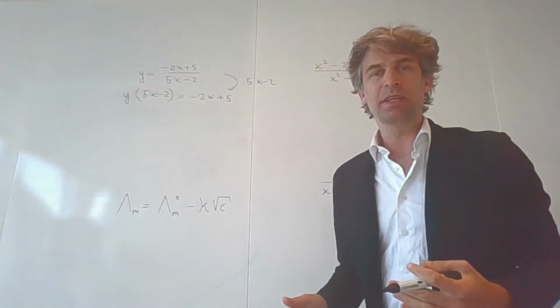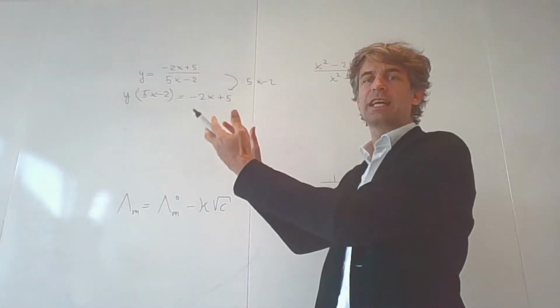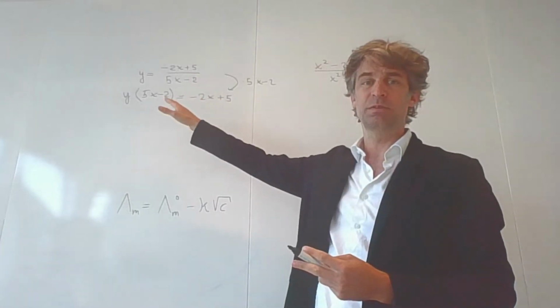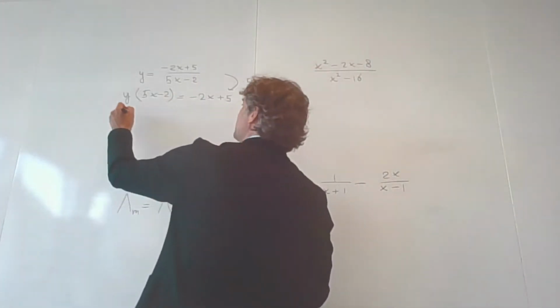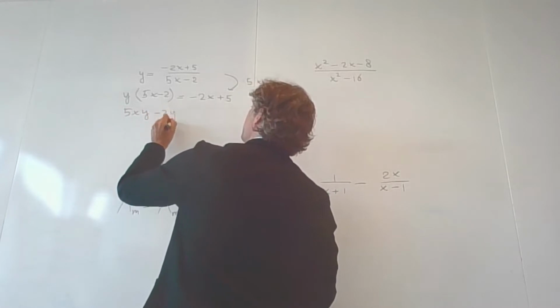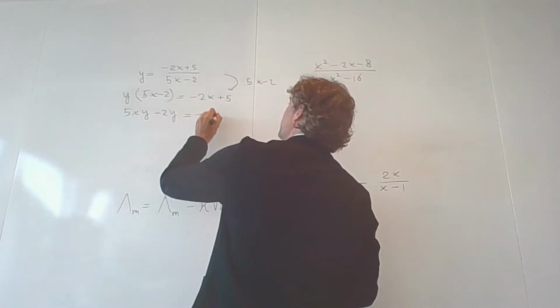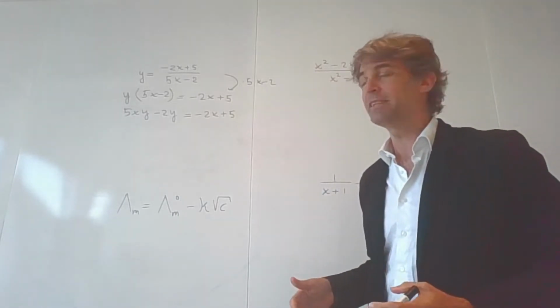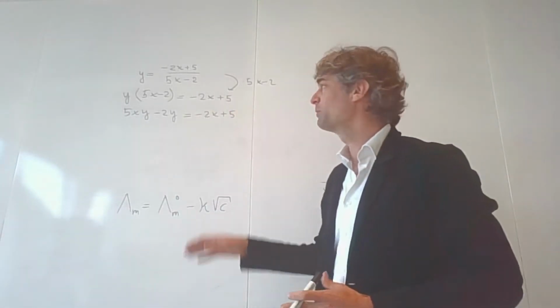So I want to bring everything with an x to one side and all terms without x to the other side. That means I have to get rid of the brackets. That's the next step. It will be 5xy minus 2y equals minus 2x plus 5. And then we can do what I planned, get everything with an x to one side.